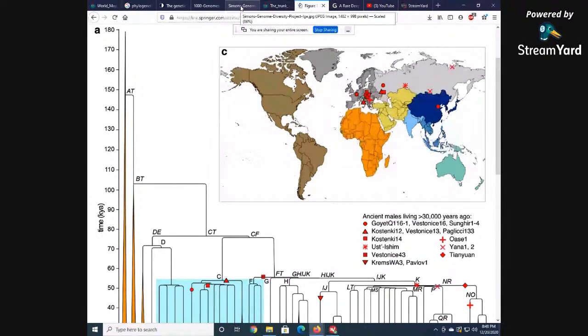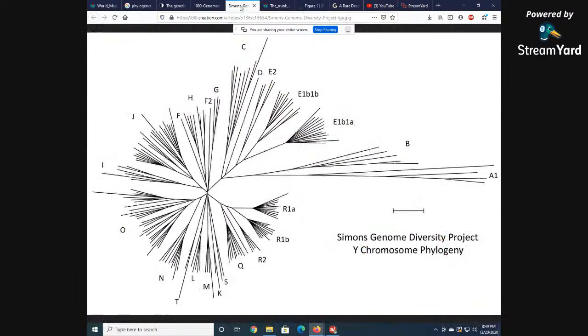that they're going to show another contradiction too. They believe that all of these trees here came from this tree here, which is nonsense, as you can see here.